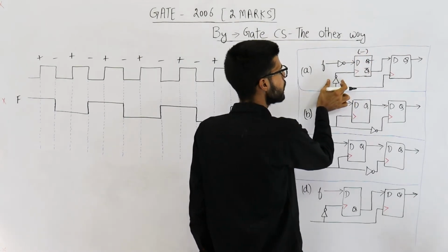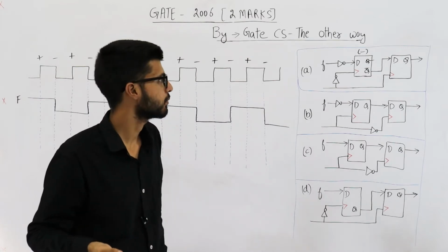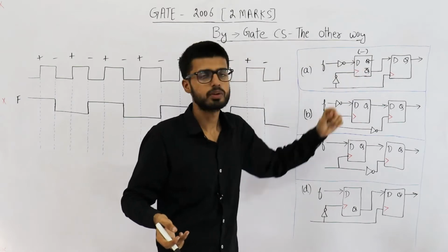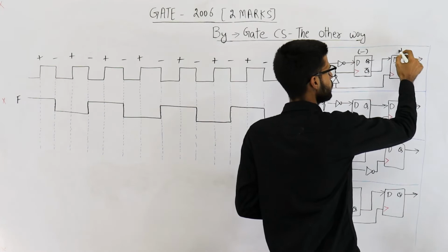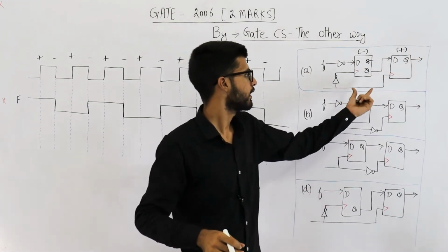But using a NOT gate here will make it react only when a negative edge of clock is applied, because reversing it will just give a positive edge to this flip-flop. This other one is a normal flip-flop. It will react on positive edge because no NOT gate is used for providing a clock.